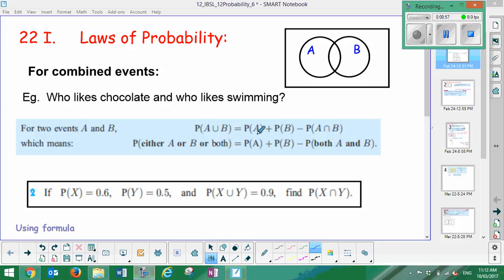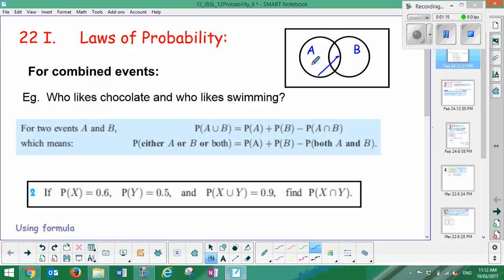In other words, P(A or B) is the probability of A plus the probability of B minus the probability of A and B. So it's basically saying that if I want to choose the people, what's the probability of getting someone who likes A? That means all of those people, or whoever's in that category.